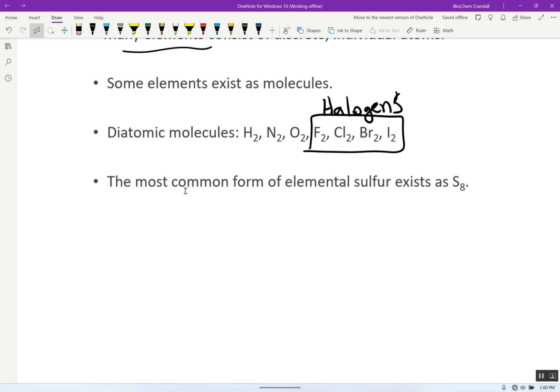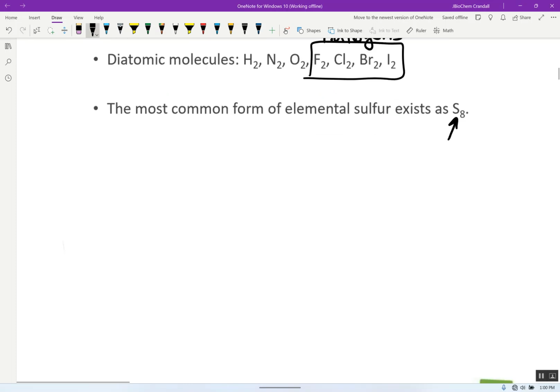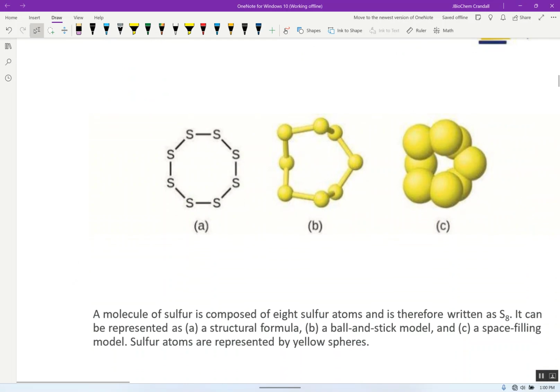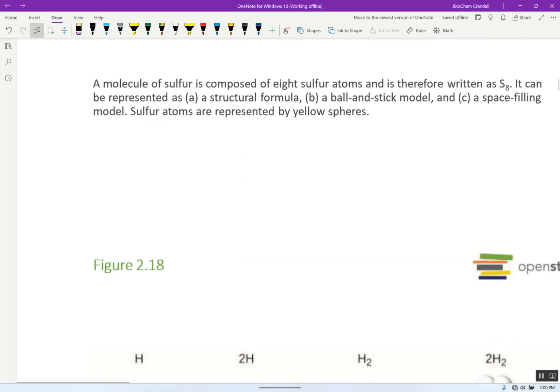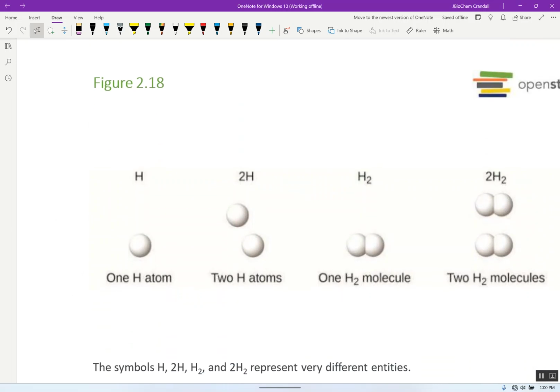And then others exist as even more than diatomic, like sulfur here, S8. So we have it in this fashion. It's going to form this sulfur ring, an octahedral ring. Okay. So there you go.